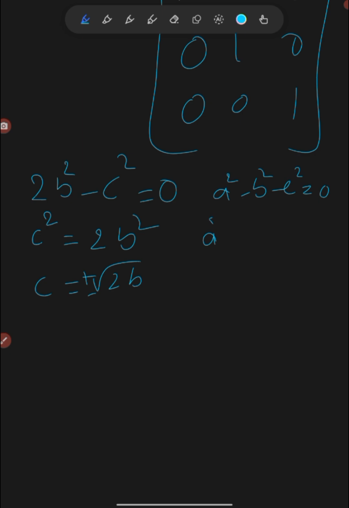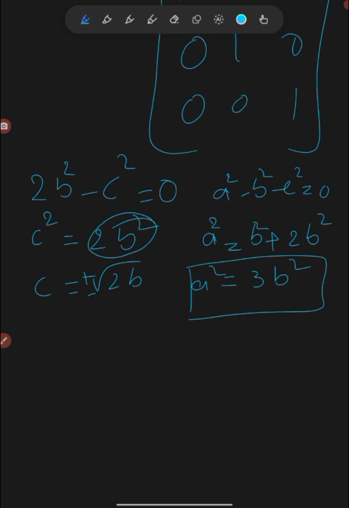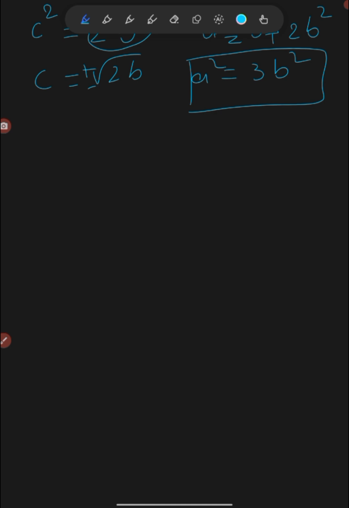Here, a square equals b square plus 2b square, which equals 3b square, so a equals root 3 b, plus or minus. The value of a you have got.